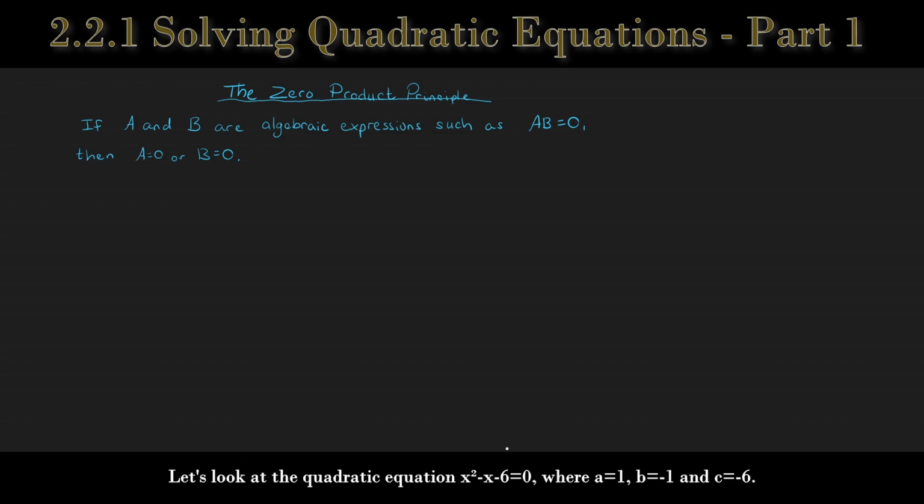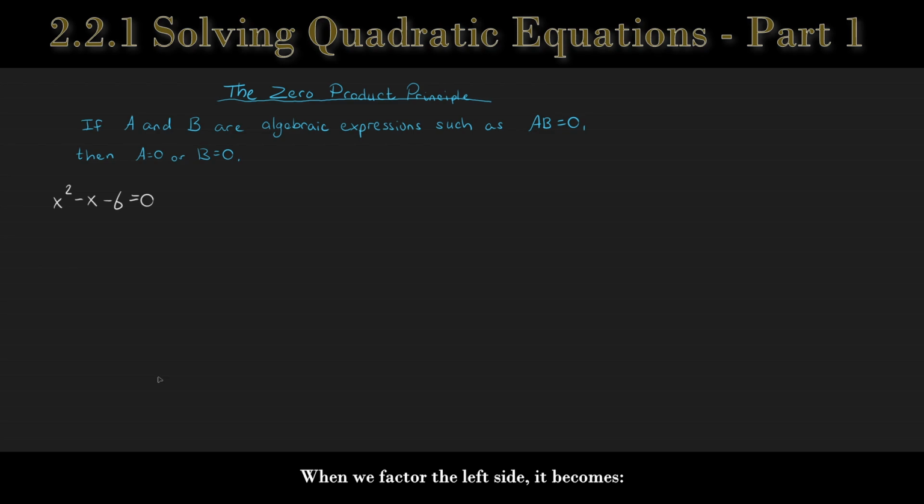Let's look at the quadratic equation x squared minus x minus 6 equals 0, where a equals 1, b equals -1, and c equals -6. When we factor the left side, it becomes x minus 3 times x plus 2 equals 0.